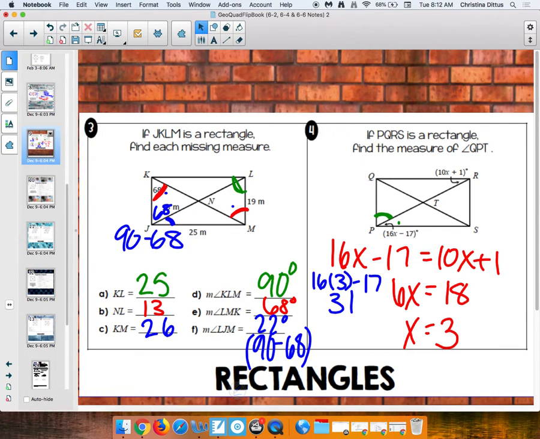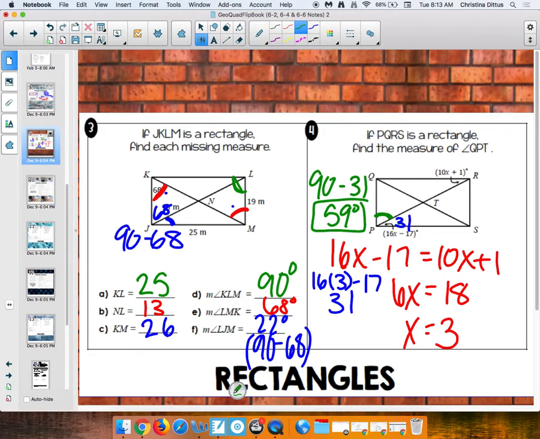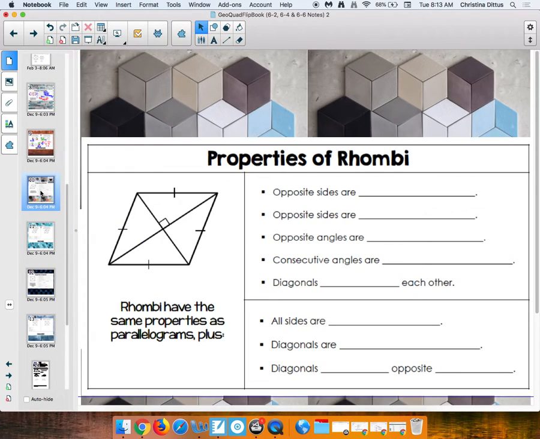So this is 31. Yep. 90 minus 31. Questions there? Okay. Go on to your rhombus.